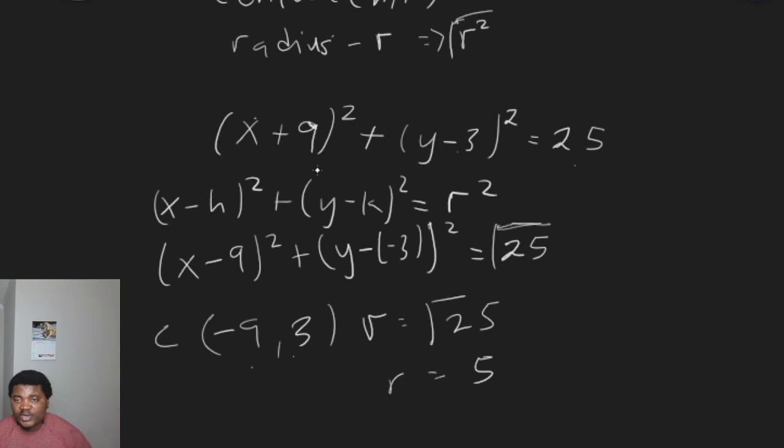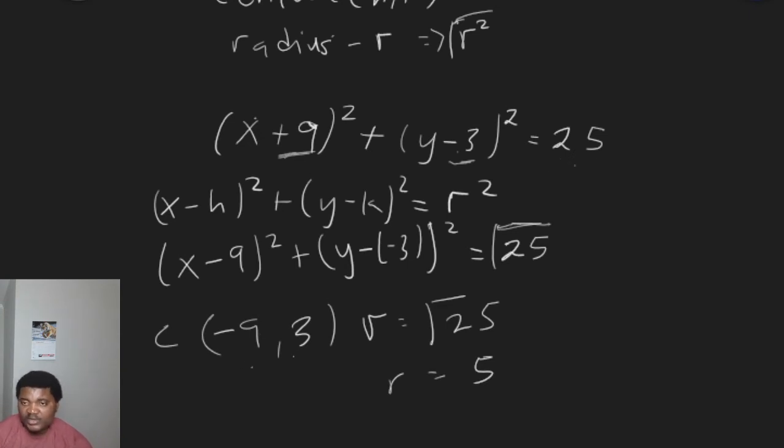So without going through all this, you can just look at it and say, okay, if (x plus 9) squared plus (y minus 3) squared is equal to 25, then my center is going to be the opposite of whatever is here, which is negative 9, the opposite of whatever is here, which is 3, and then my radius is going to be the square root of this.